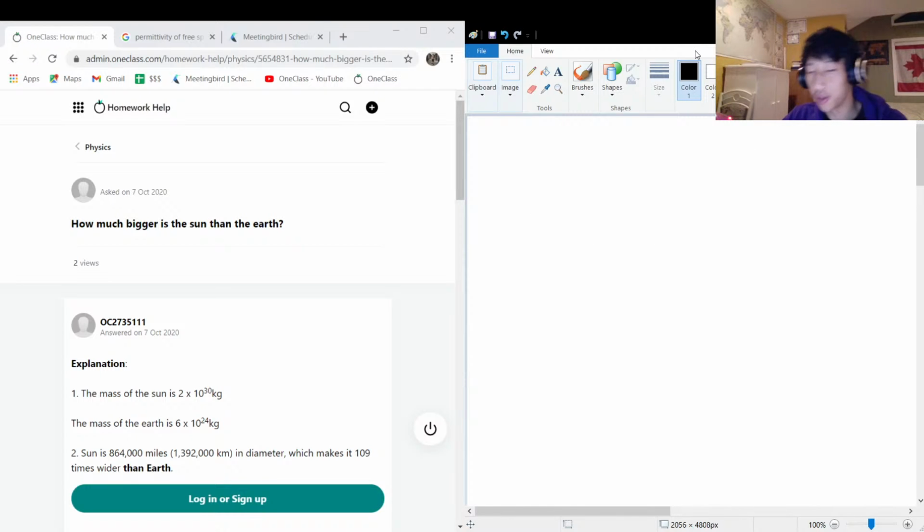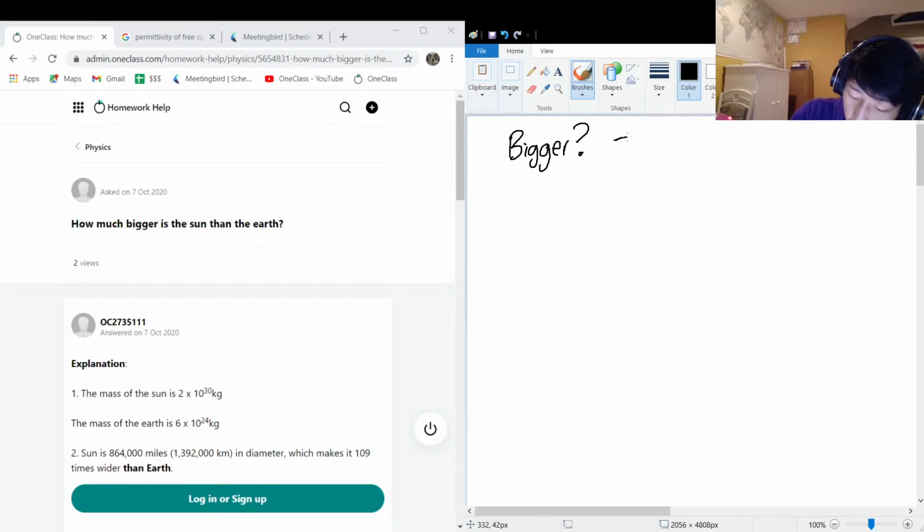Okay, so the next question that we got on the menu today is asking us, how much bigger is the sun than the earth? Now, the answer to this question depends on how we define bigger. We have two options. We can do bigger in terms of actual size, the space that they occupy.